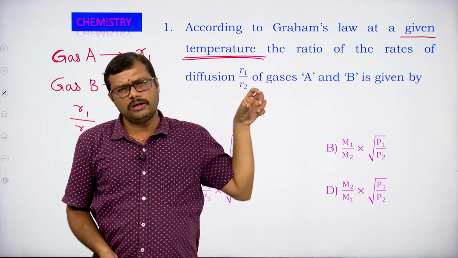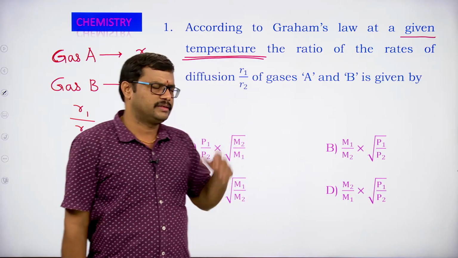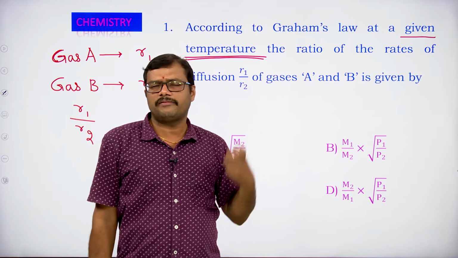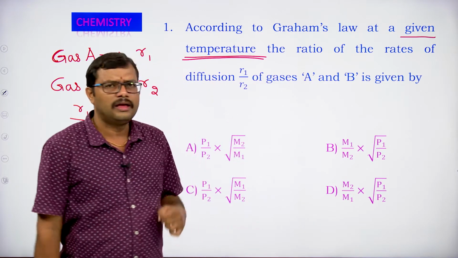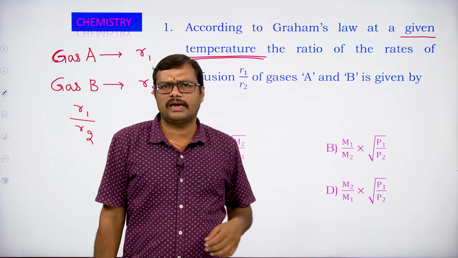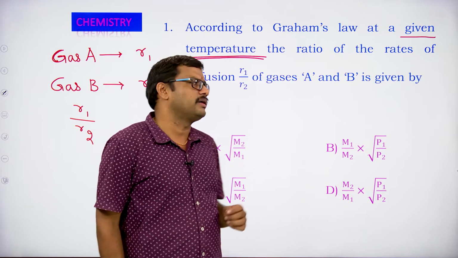Since the pressure is more, automatically the rate of diffusion will also be more for any gas. The molecular mass and rate of diffusion are inversely proportional, and we have derived according to Graham's law, at a given constant temperature and pressure, the rate of diffusion of a gas is inversely proportional to the square root of its molecular mass.